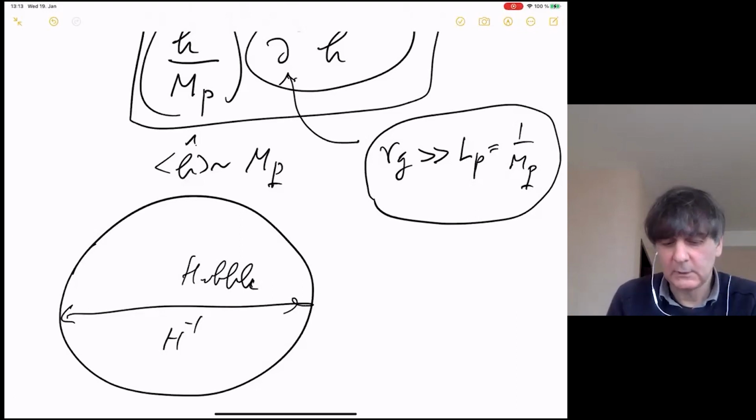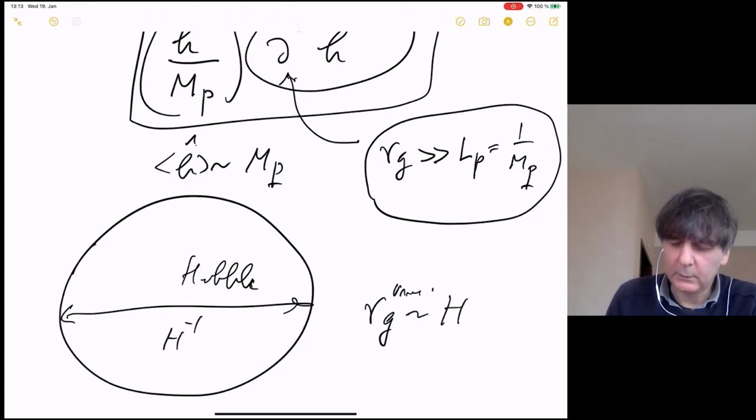For the flat universe, it's exactly the Hubble radius. So the gravitational radius of the universe is the same as the Hubble radius.